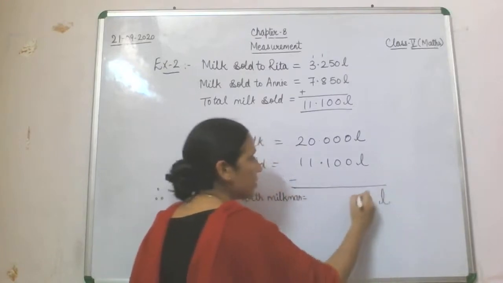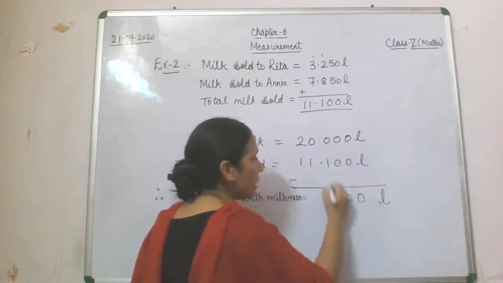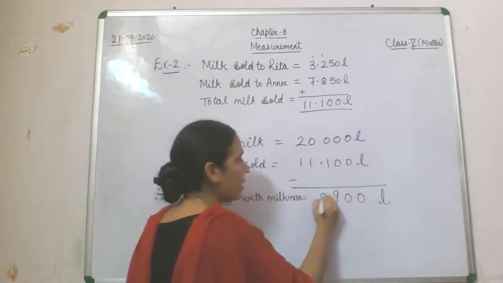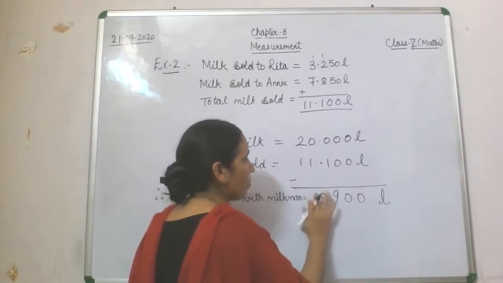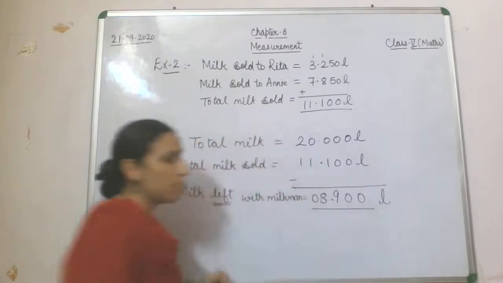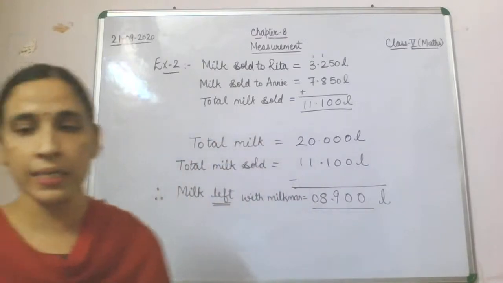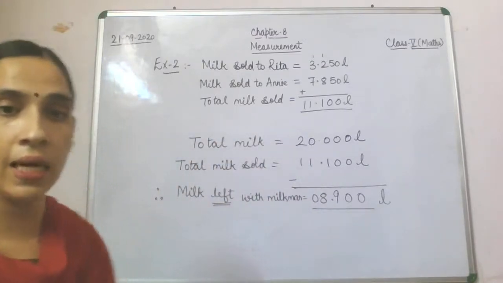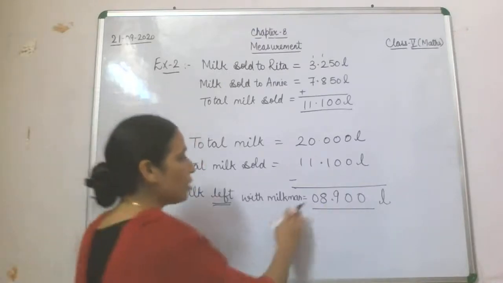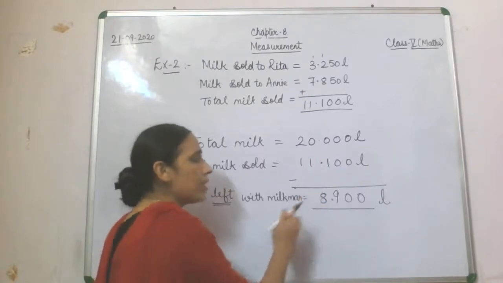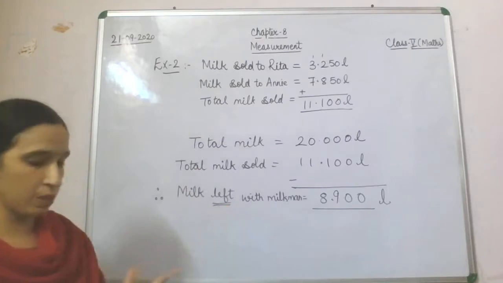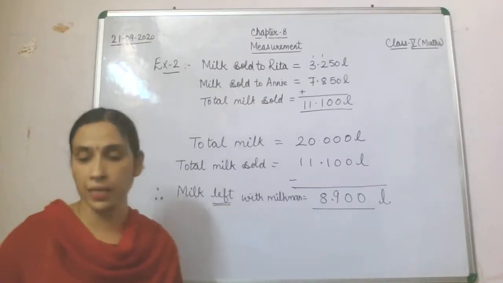We'll write here liters, 0, 0, 10 minus 1, 9, and here 9 minus 1, 8, and then 0. So how much milk was left? That is 8 liters 900 milliliters, 8.900. Now here this 0 is not necessary to write. If you write it, it is also not incorrect. Fine. Therefore milk left with the milkman is 8 liter 900 milliliter.